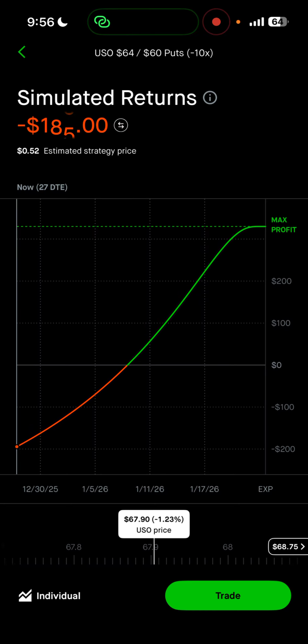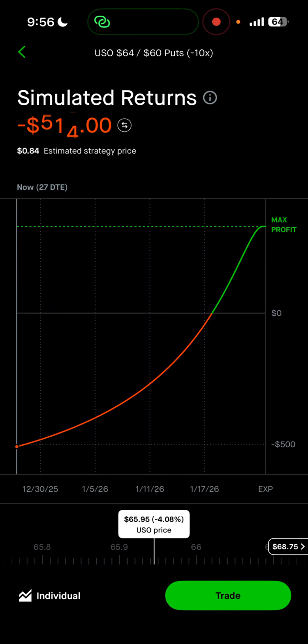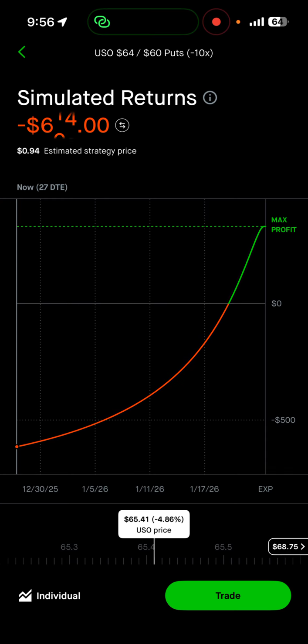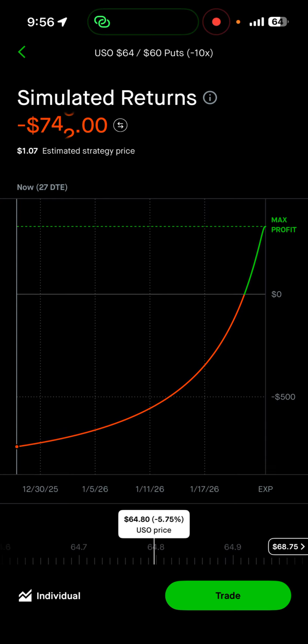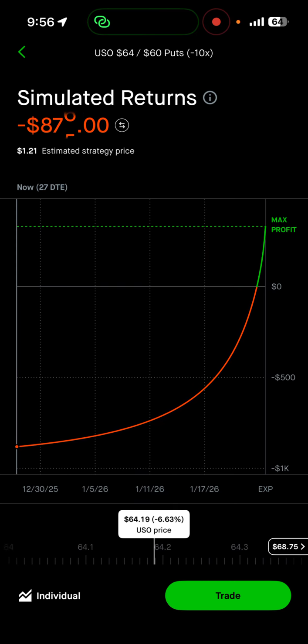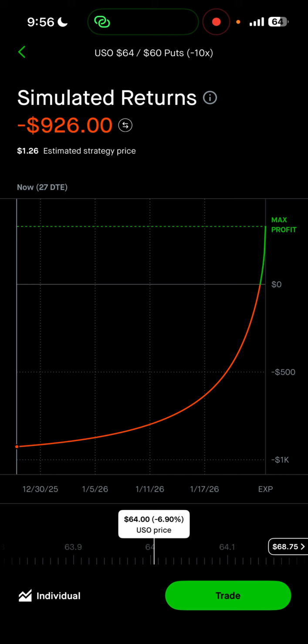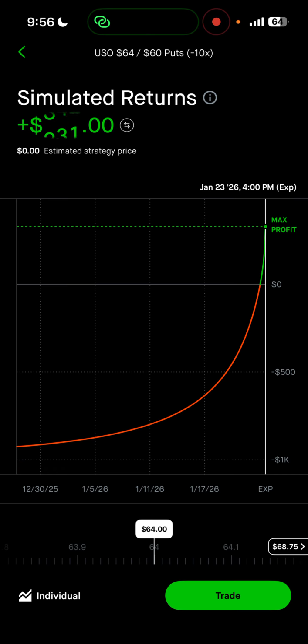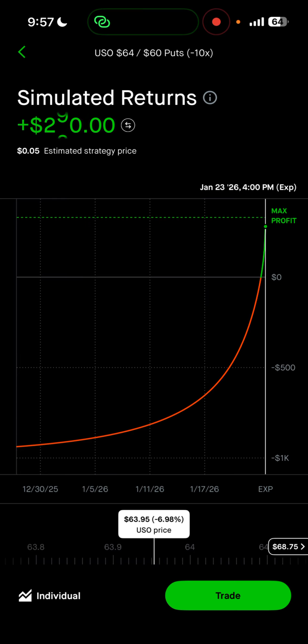Now, let's say the stock drops to 64, the strike price. You can see you would still make the full max profit if it dropped to 64. As it starts to get below 64, that's when things start to change quickly.